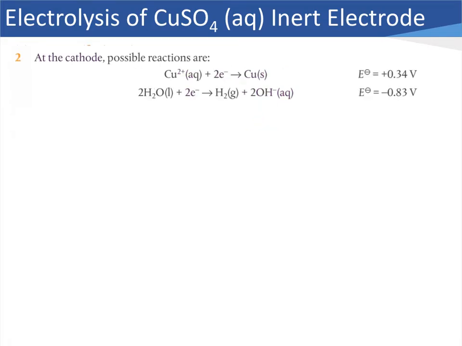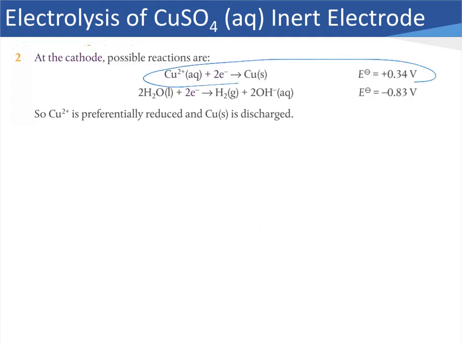So at the cathode, copper can be reduced, or water can be reduced to form hydrogen gas. Which of those two will be favored? Copper will be preferentially reduced because this is the more positive value. Okay?